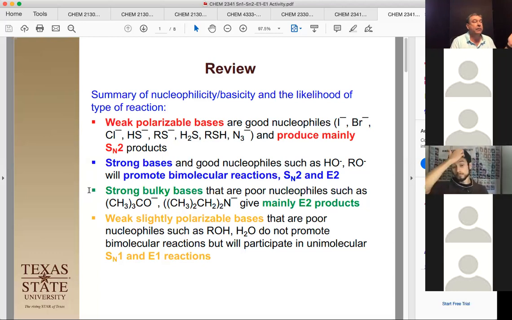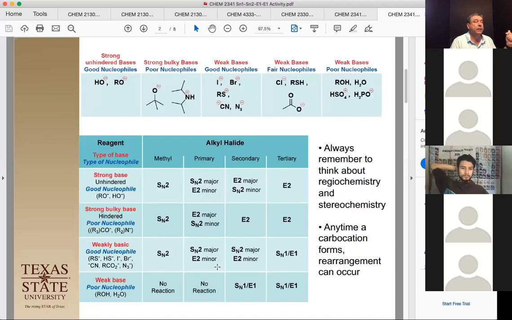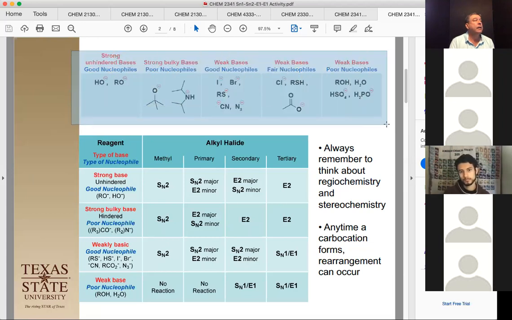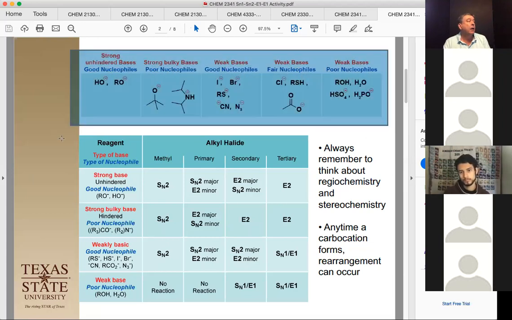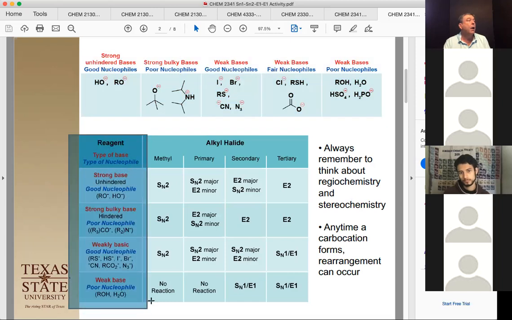What makes a weak base a weak base? And so that's what this is going to be. And then I have this table here, okay? Using this reminder of what strong acids and bases are, right here, and looking at the reagents we're using here, what the different groups are going to do.